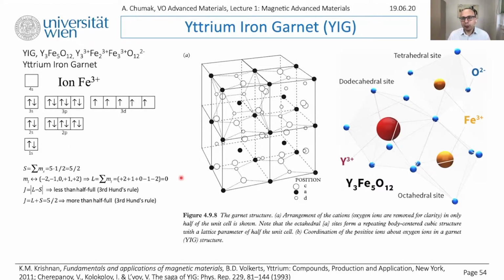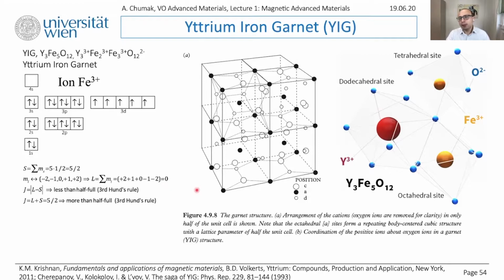Therefore, we want a material with minimal spin-orbit interaction, and its energy is proportional to the multiplication S times L. That means if L is equal to 0, then theoretically you will get 0 spin-orbit interaction in this material. The truth is that spin wave damping is really small in this material, and it's also related to the fact that it's an insulator, so we have no free electrons here.